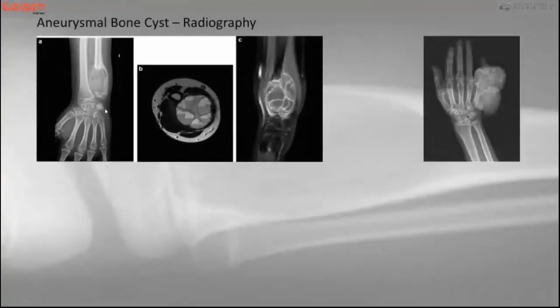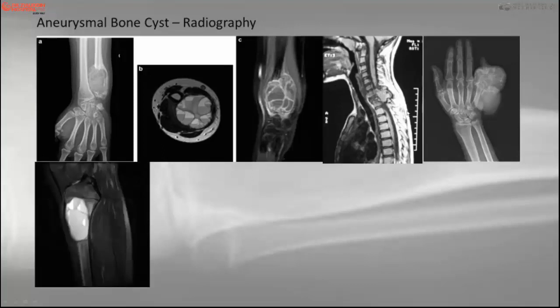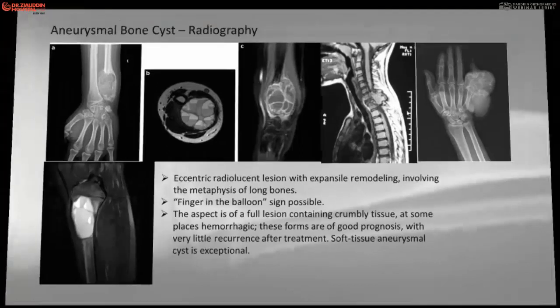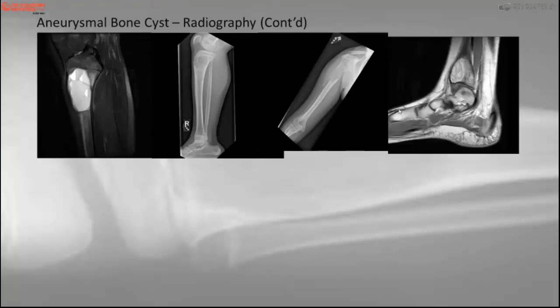Again, this is the typical appearance in the distal radius of an aneurysmal bone cyst, and this one involves the posterior elements of the spine. Here we have extra pictures of aneurysmal bone cyst. This one is a treated one.